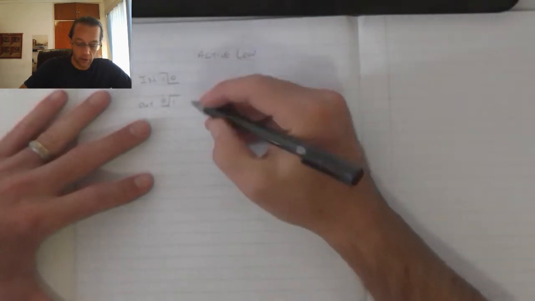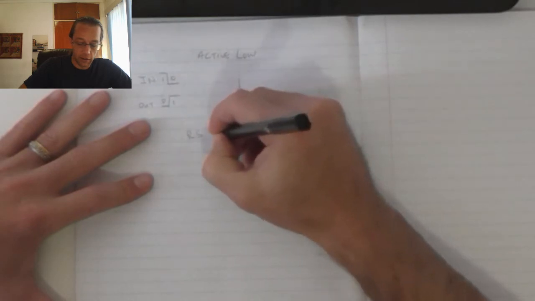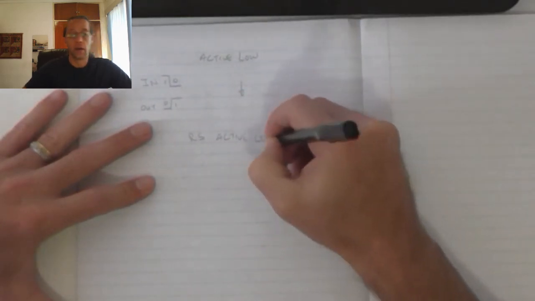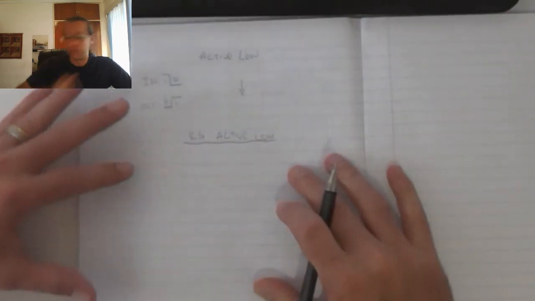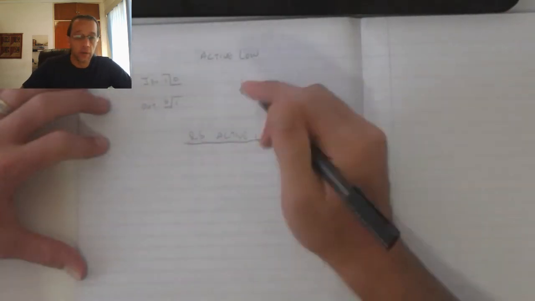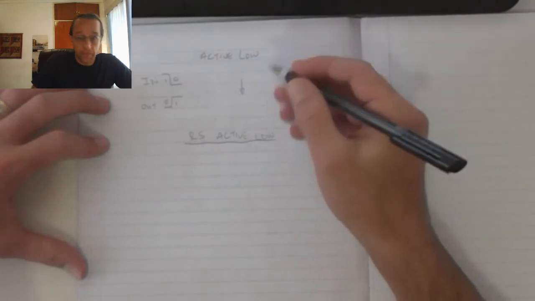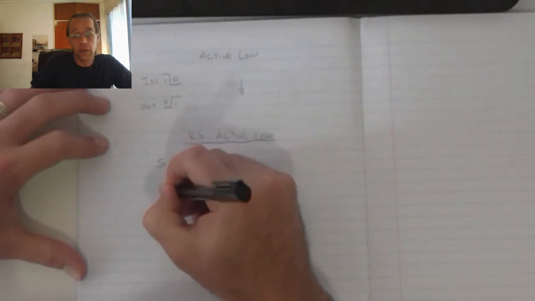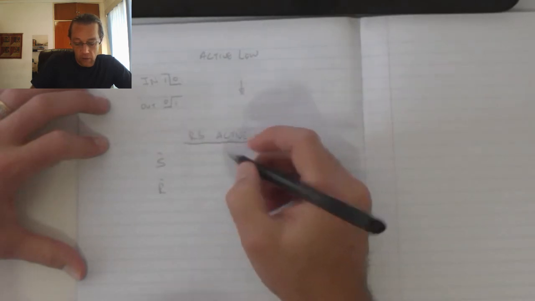Okay, for the RS active low, we've got the following: set and reset, those are both NOTed.